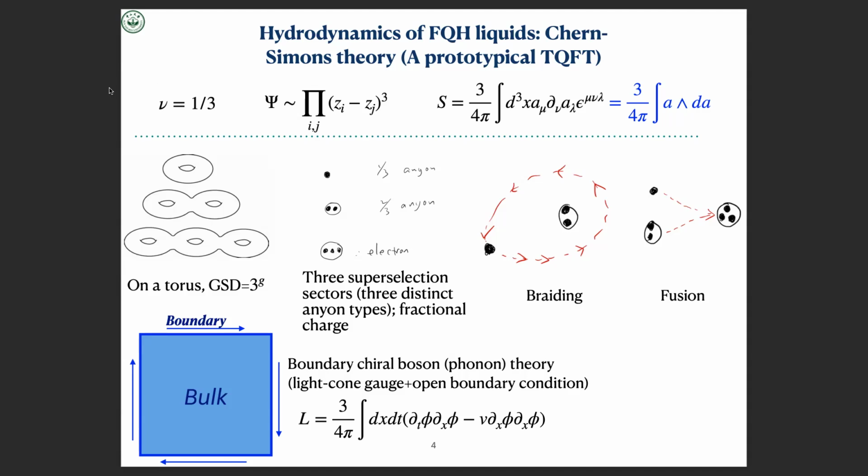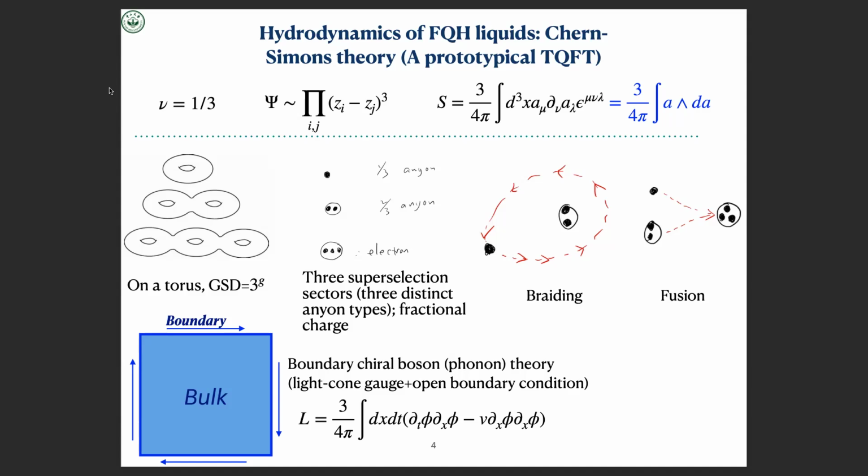Based on these three distinct anyons, we can compute the fractional charge carried by each anyon. And then we can compute the so-called braiding statistics, the braiding phase. We can move one particle around another, and then the wave function will acquire an AB phase. This AB phase can also be computed from the Chern-Simons theory in principle, and we can also design the so-called fusion process to study the relations between different anyons.